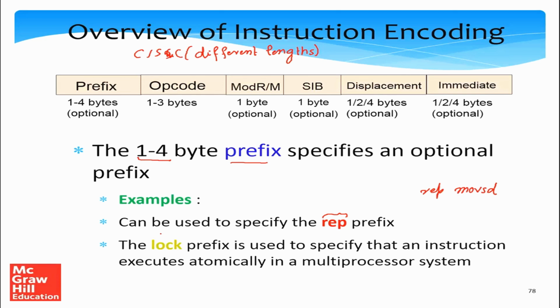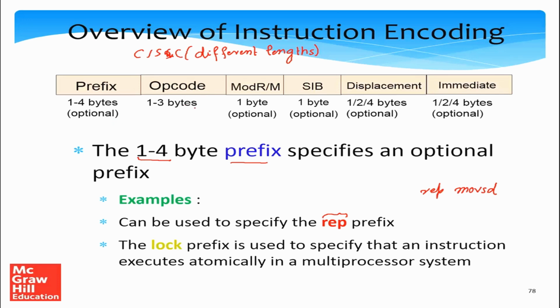In chapter 11 we will see it's far more complicated than that. But the important point about the prefix field is that the field is optional, but the information is definitely not. A lot of information which specifies the behavior of an instruction is part of the prefix field, like whether an instruction needs to be repeated or whether it needs to execute in a particular manner. All of these are incorporated here.